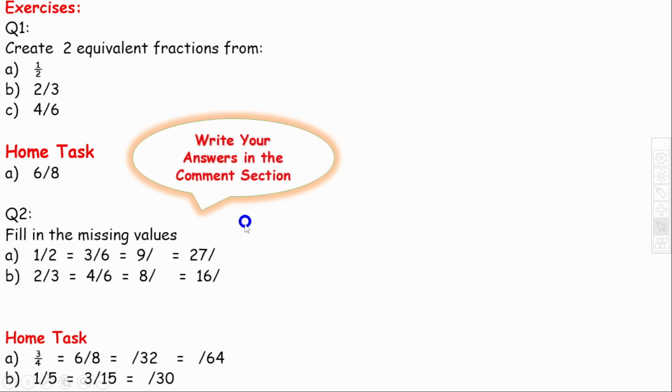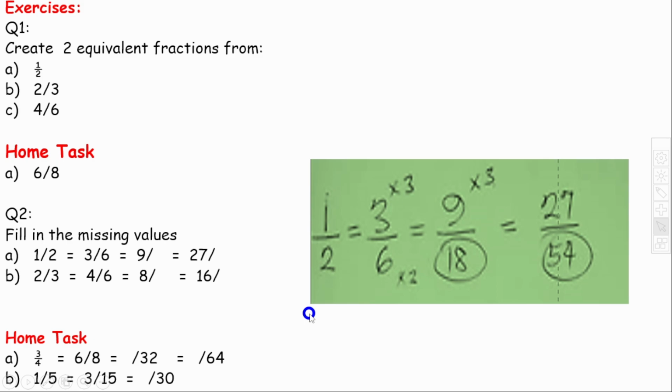Now, as the second question, let's try to fill in the missing values here. We have written an equivalent fraction with some missing values, so we are supposed to fill in what those missing values are. Now let's do them. 1 all over 2 is equal to 3 all over 6 is equal to 9 all over, we don't know this value, is equal to 27 all over, we don't know this value. First of all, we need to study it.